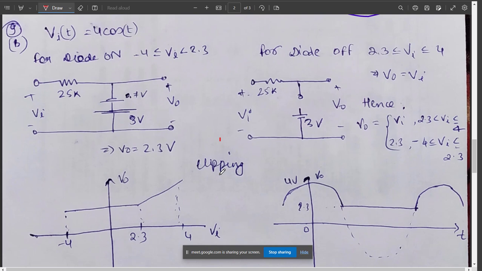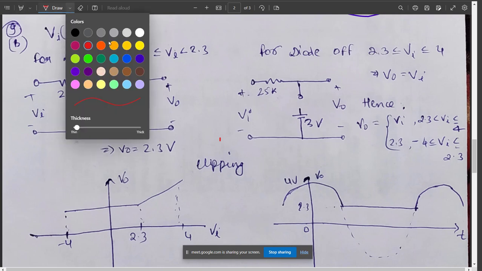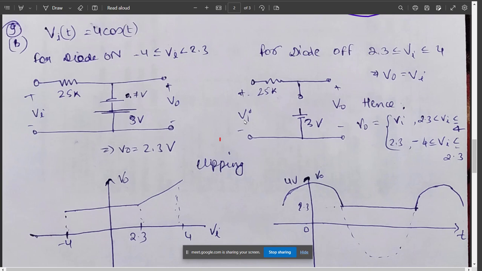So something like this is happening, right? Yes. Let's first take when diode is off. So when diode is off, that means diode is in reverse bias and it is off, right? So when it is off, it will be open circuit, and the Vi will directly come here, which will be equal to V0.